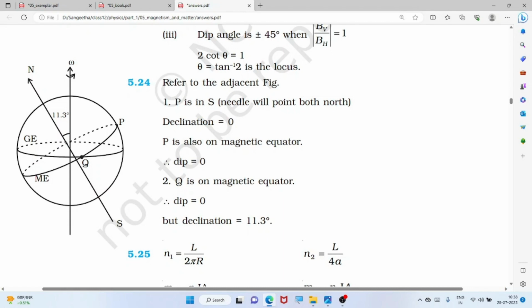Along the geographical equator the declination can be 0, but here at Q, 13.3 degrees is the declination. At P the declination is 0, so the needle will point north.